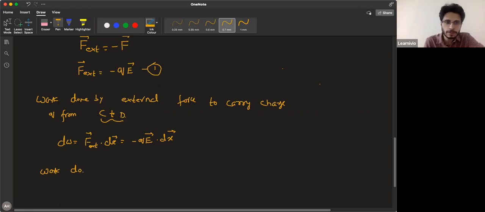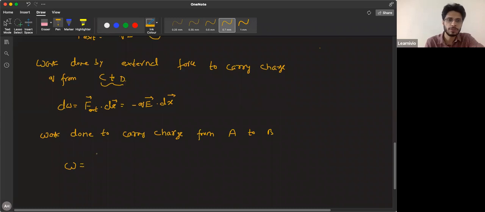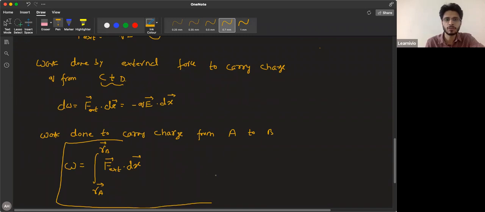But I need work done to carry charge from A to B. So work done to carry charge from A to B is integral of F external dot dx, and the limit is from point A, the position vector of point A is R_A, to R_B.